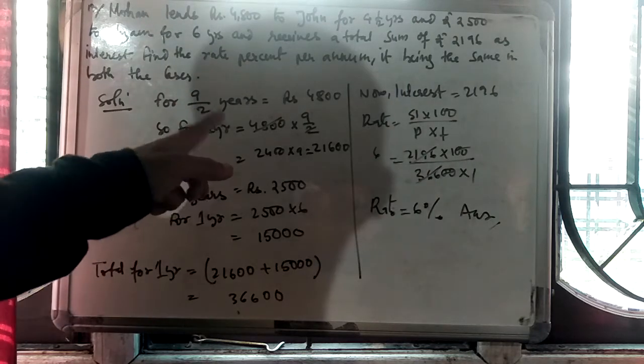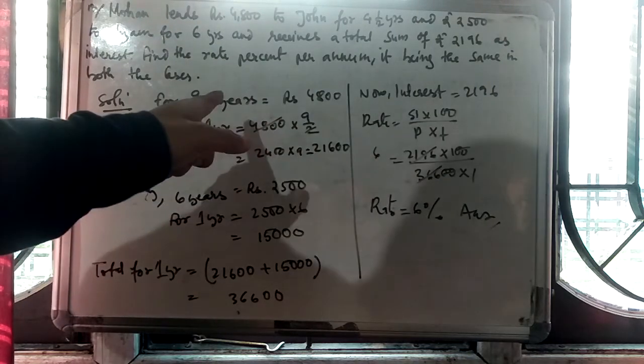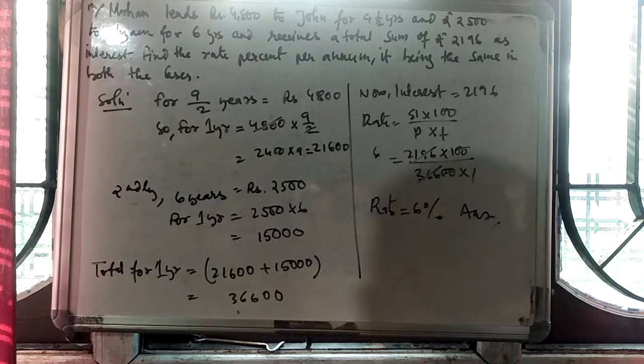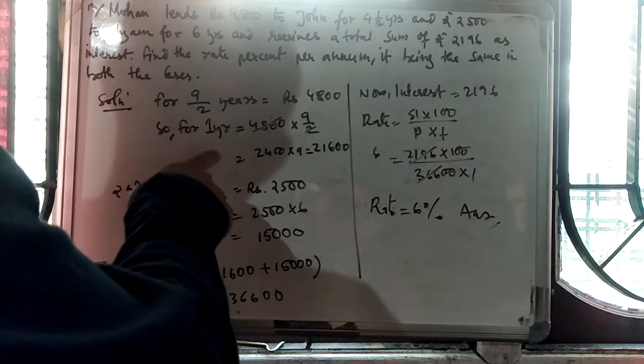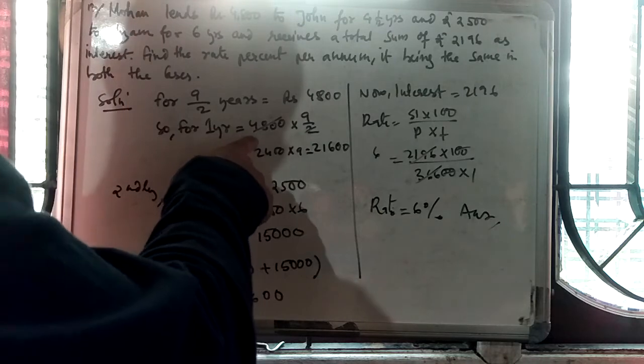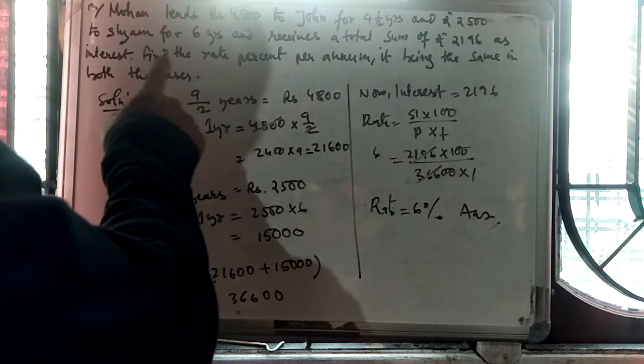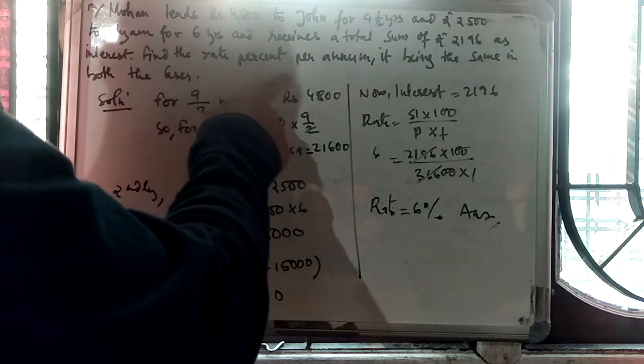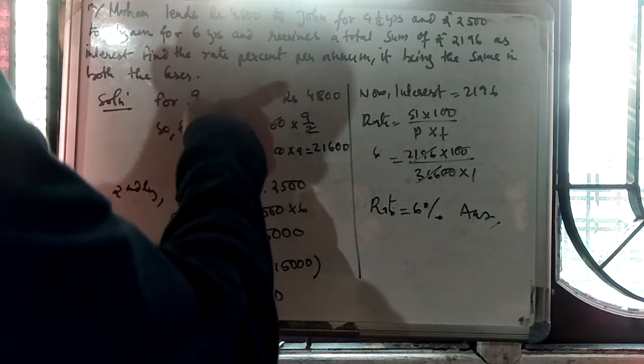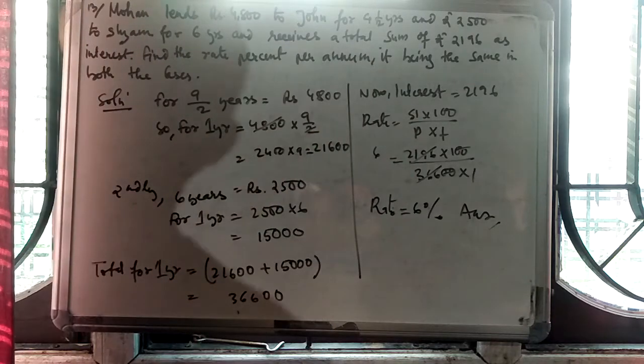Now for 9/2 years, for 1 year equals 4,800 into 9/2. What we have to find is the rate of interest, rate percent per annum, being the same in both the cases.